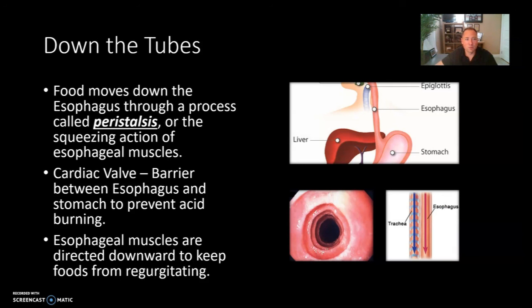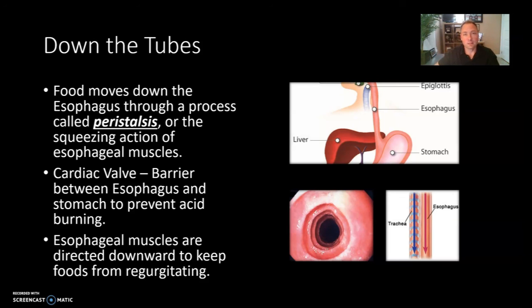Moving down the tubes. All food will move down the esophagus through a process called peristalsis. This is a squeezing action of the esophageal muscles. Then the cardiac valve, which is the barrier between the esophagus and the stomach, is called that because it's the valve closest to the heart.